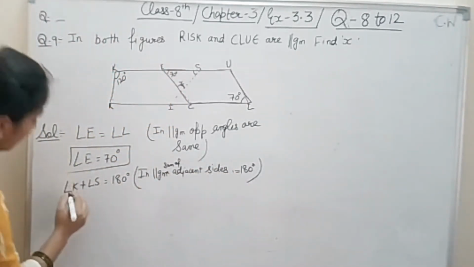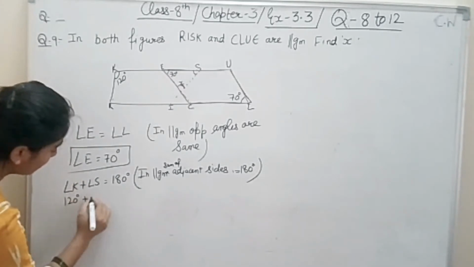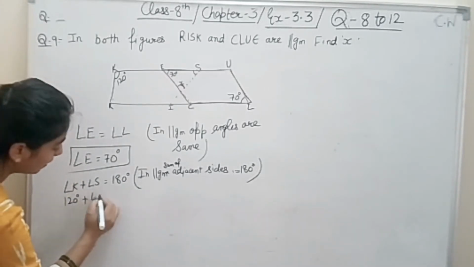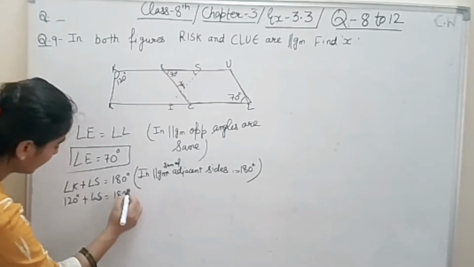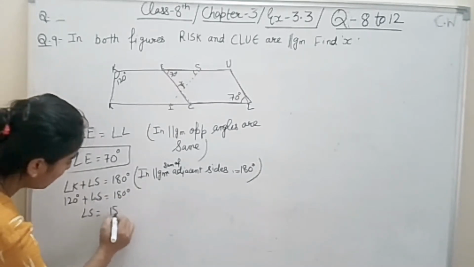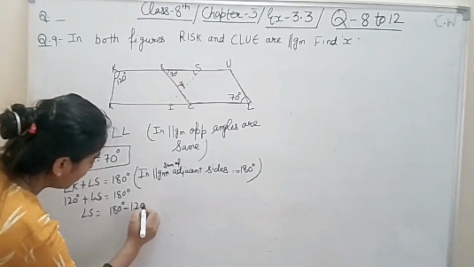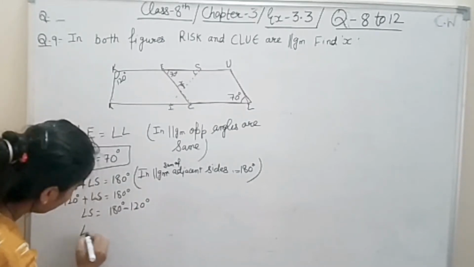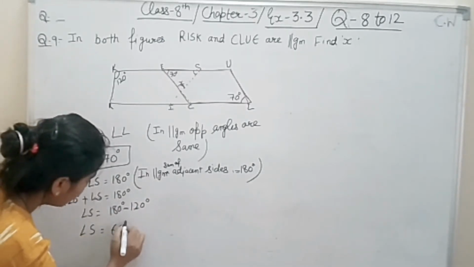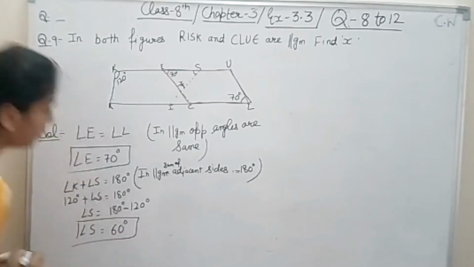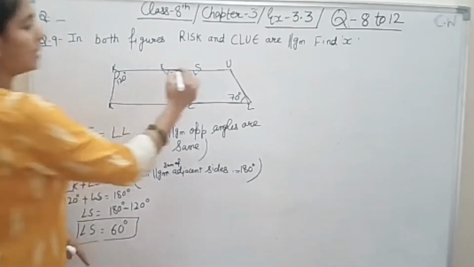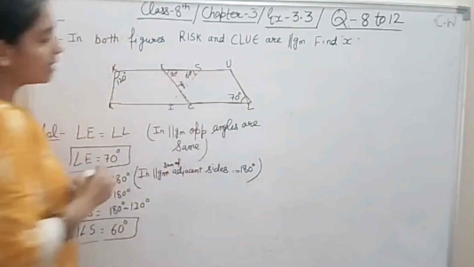So angle K is 120 degrees, angle S we don't know. So you write down directly angle S is equal to 180 minus 120. So angle S is equal to 60 degrees. 180 minus 120, 60 degrees. So this angle S is equal to 60 degrees.